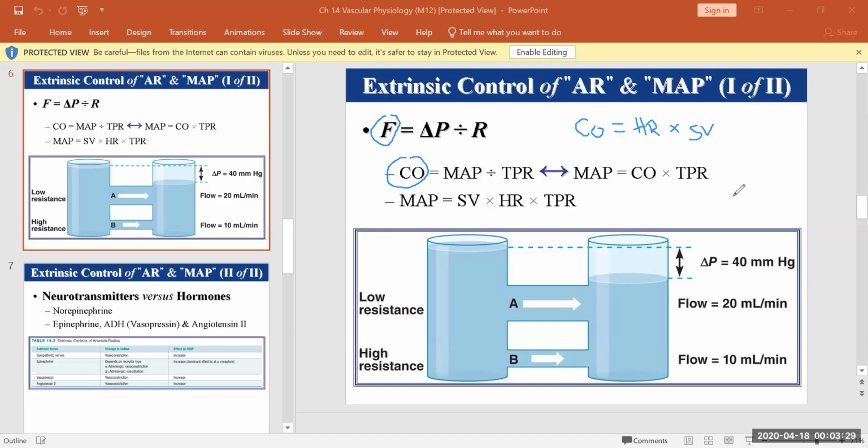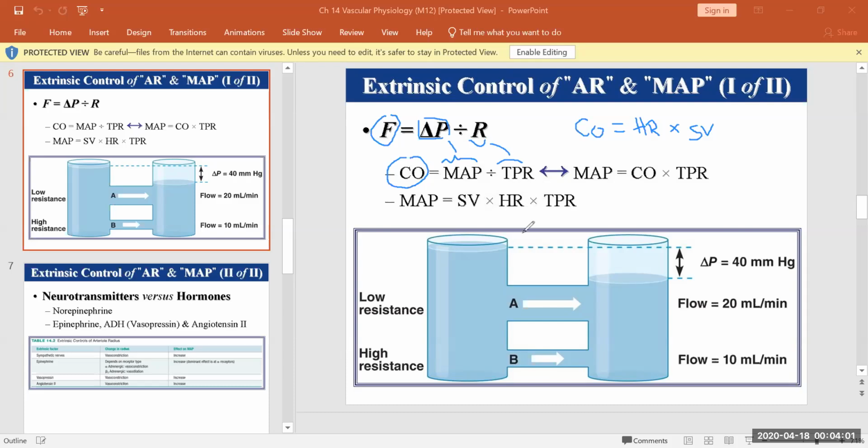We also learned that from chapter 13. Now this delta P is the MAP here. Okay, so that's the driving force. And this resistance is expressed over here: total peripheral resistance, TPR.